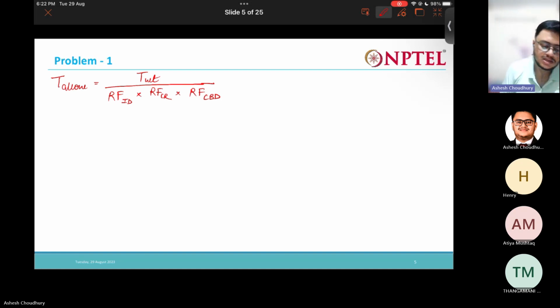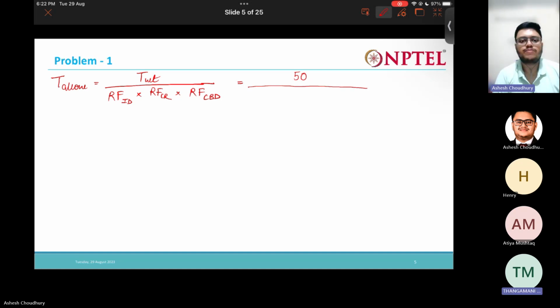So T allowable is nothing but T ultimate divided by reduction factor installation damage, reduction factor creep, and reduction factor chemical biological damage. Okay, if we remember, I had shown one table in the previous class. These values should actually be determined from proper tests.